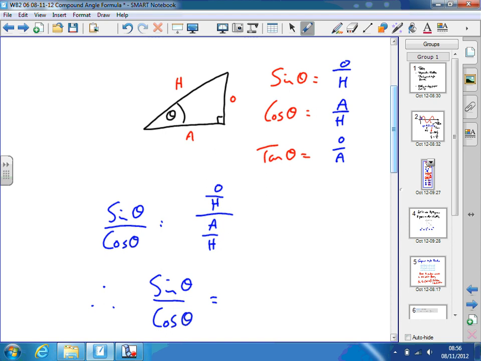What do you do? Invert the second fraction and multiply, right, Richard? Okay? So this equals the top fraction, opposite over hypotenuse, multiplied by the bottom fraction inverted, hypotenuse over adjacent. So I could write it like that. And then we'll see that the hypotenuse cancels, and we're left with opposite over adjacent.